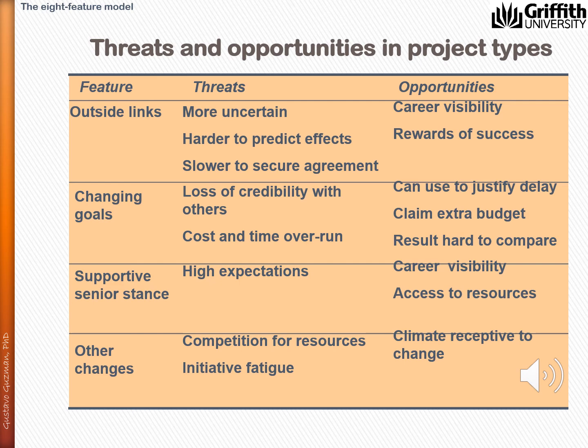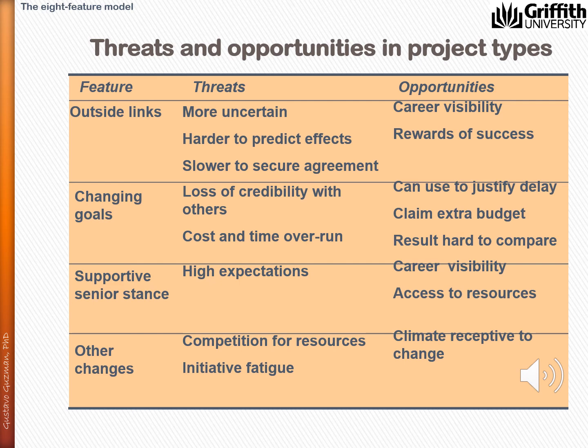Regarding outside links, we know that outside links may increase the uncertainty of the project. But this also opens an opportunity for the project manager for career visibility if he or she knows how to deal with this additional uncertainty. Regarding changing goals, when goals change, maybe you will run out of cost or time.